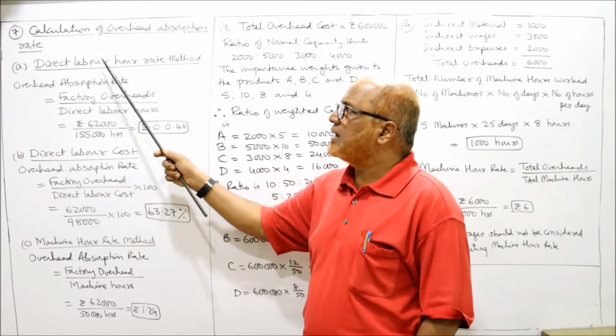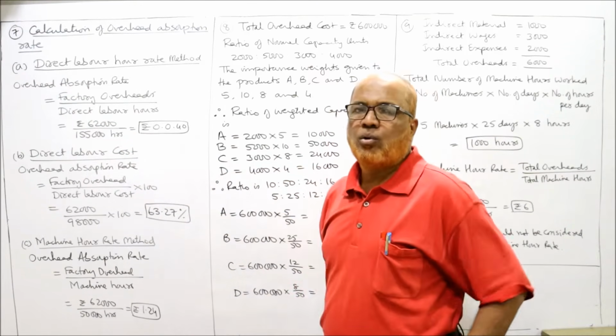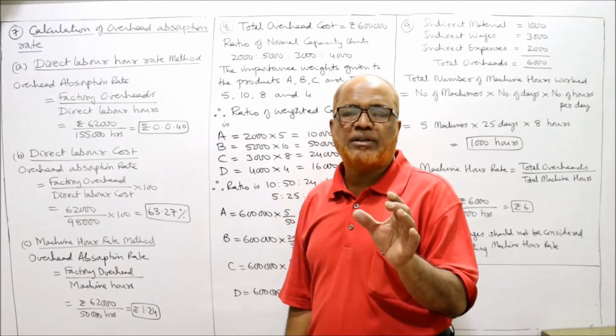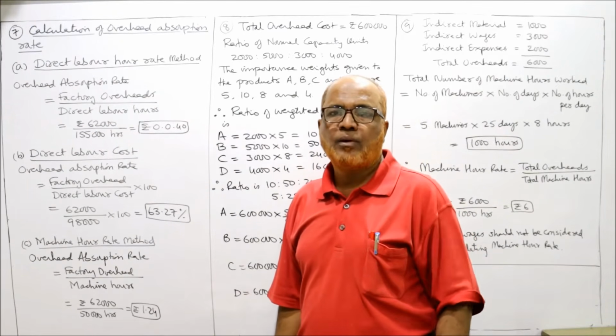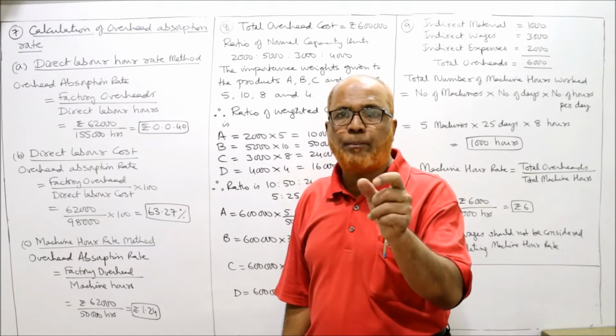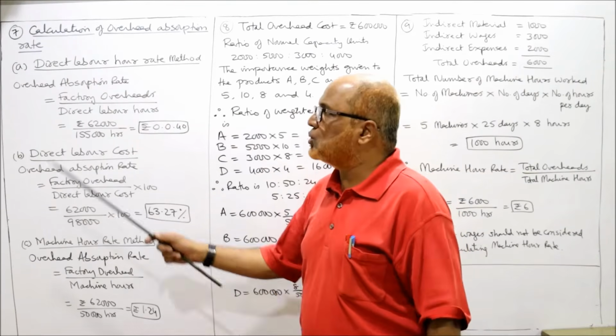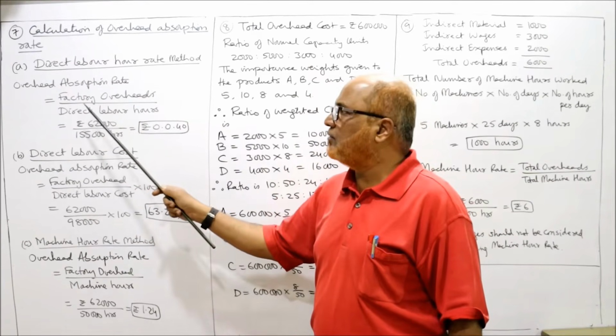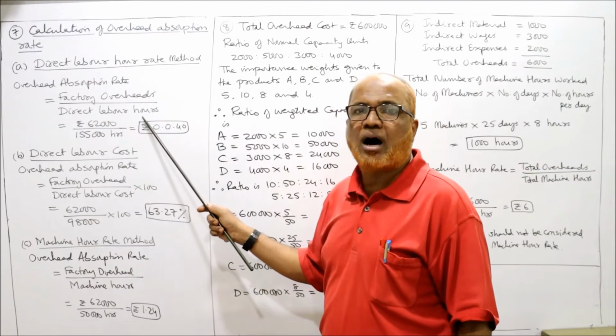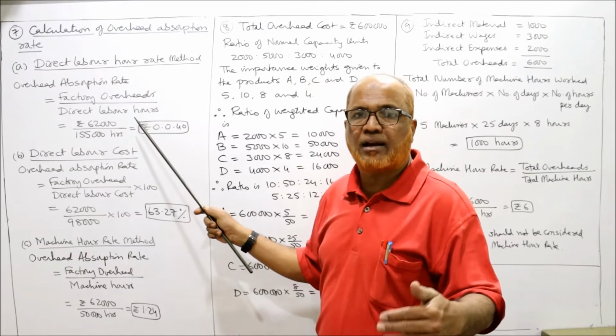First one, direct labor hour rate method. What do you mean by direct labor hour rate method? What is the overhead rate per labor hour? So the formula: overhead absorption rate is equal to factory overhead divided by direct labor hours. In the denominator we take direct labor hours.